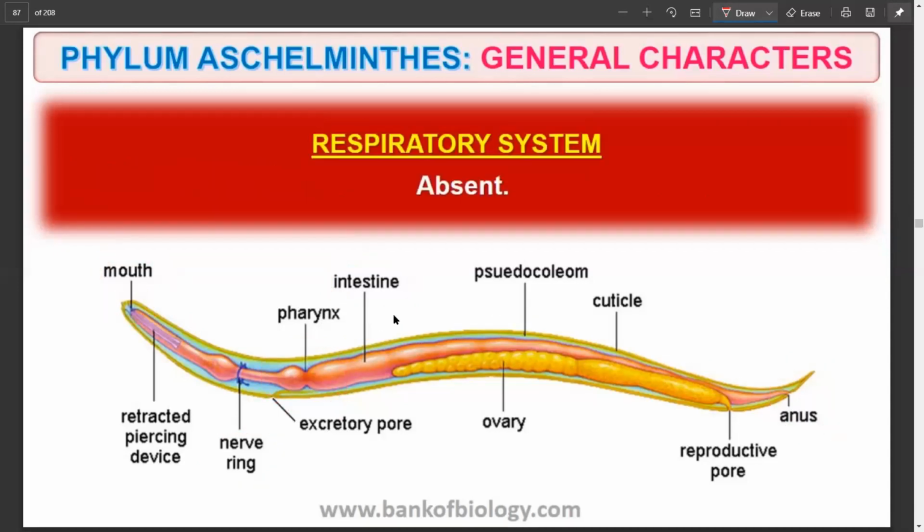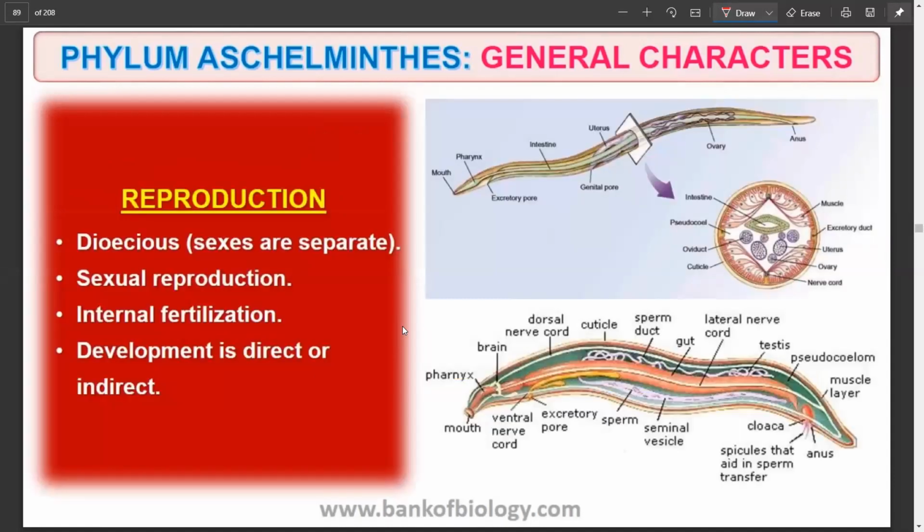What you see here is the same picture, but more importantly, you do not see any respiratory system as in higher organisms. The respiratory system is absent, and the circulatory system is also absent. There is no heart and no blood vessels. You have seen in the previous pictures that there are male and female Ascaris, that is, the sexes are separate here.